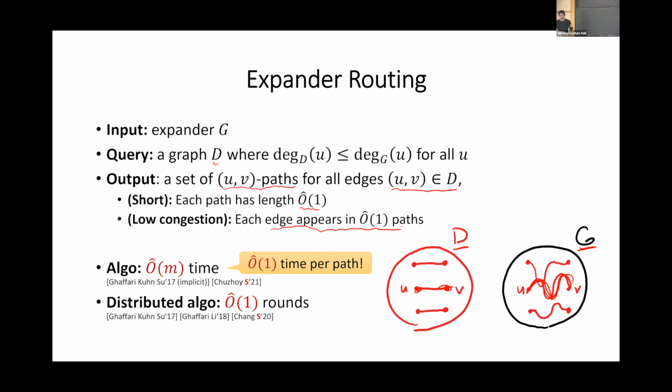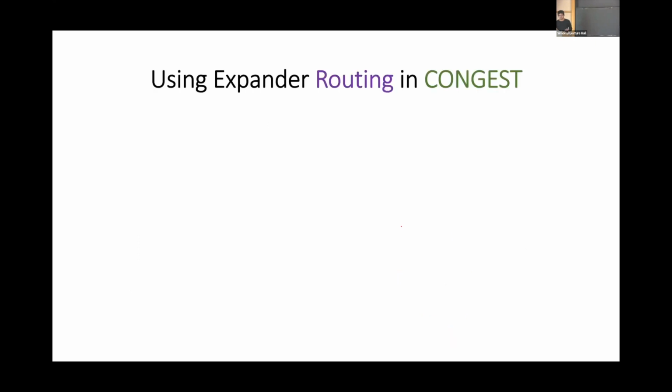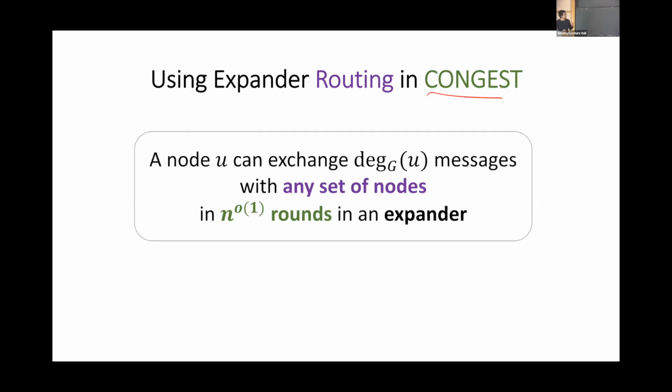And when you think about this in the distributed model or CONGEST model, what does it mean? It means this. When you have this set of paths, which is short and low congestion, it means the following.